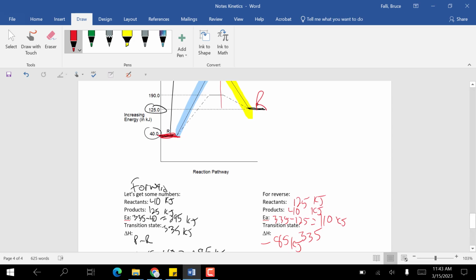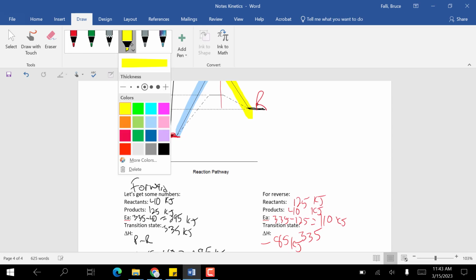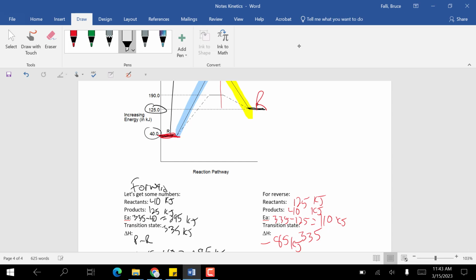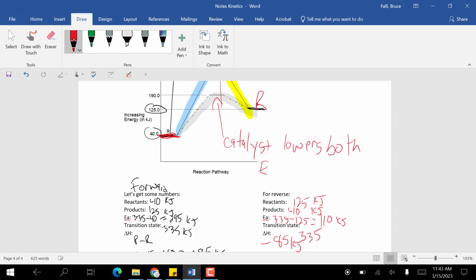And you see how this has another highlighting color. See how this has a catalyst here? This right here is a catalyst. Everything else is the same, and it lowers both EAs.